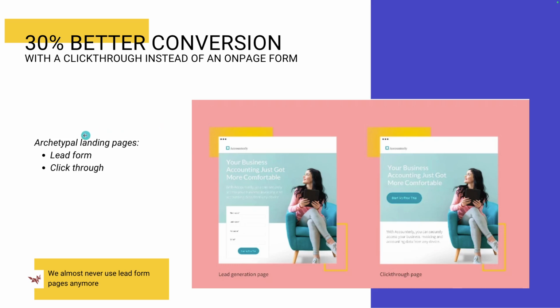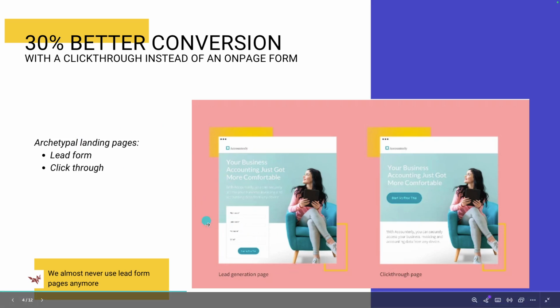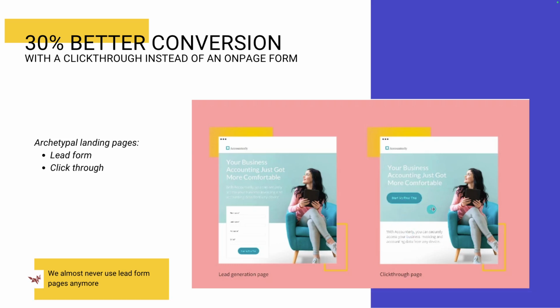So what old school ones used to have is you'd come to the page and you'd have a form sitting there straight away. A new version of that is when you have a button sitting there and you have to click on the button, and then maybe a pop-up comes up, and that's when the form is presented to somebody.